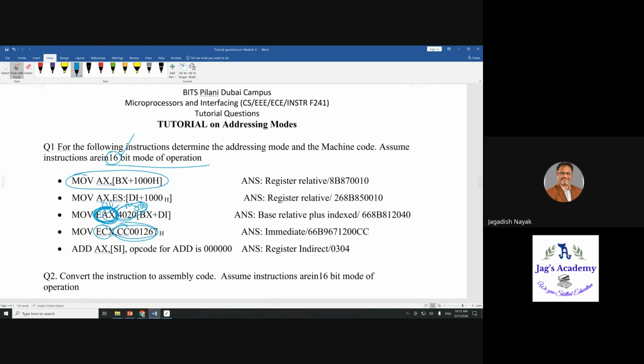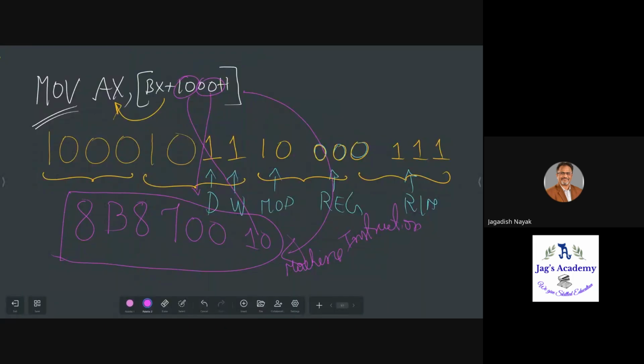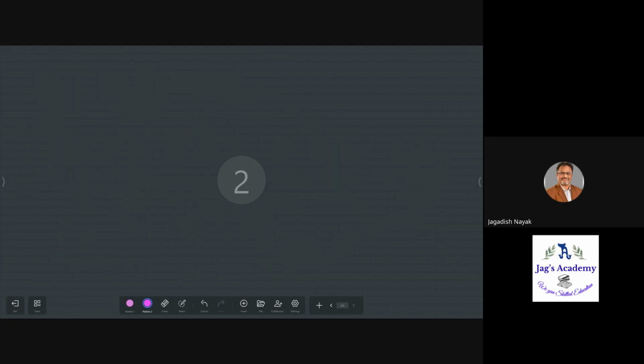Can you do this? MOV AX, you have a segment override here. What is the question? Can you write the question?